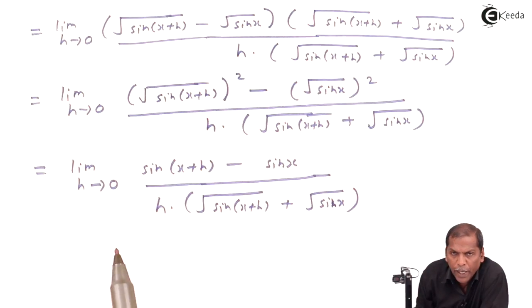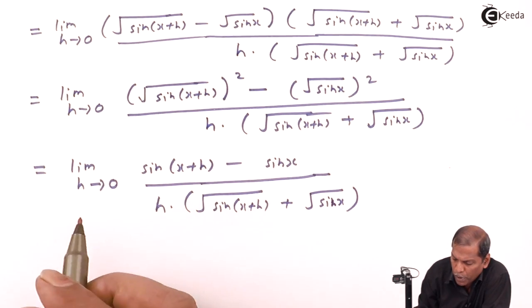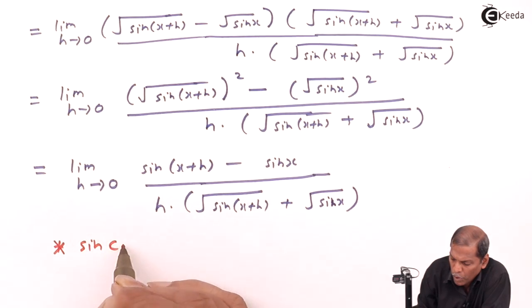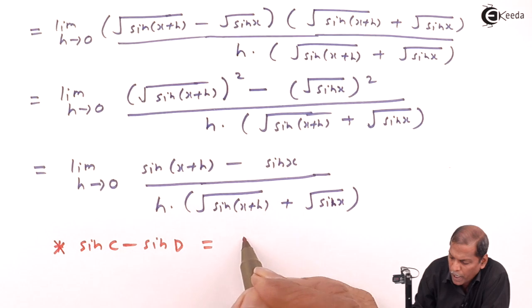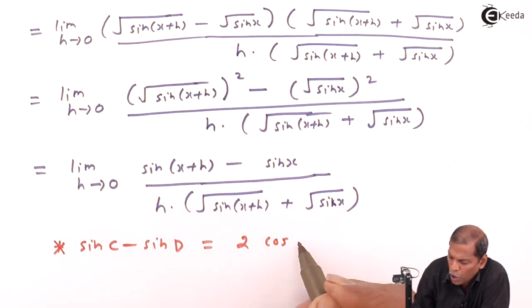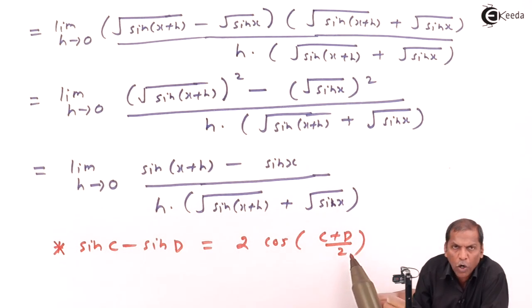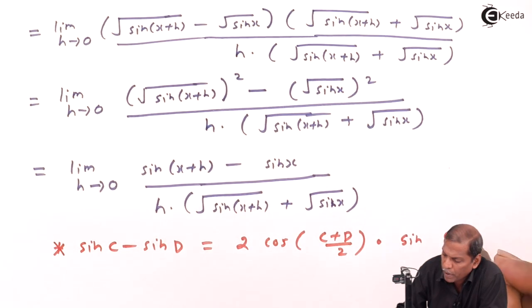Now the numerator is of the type sin C minus sin D. So here we apply the formula that sin C minus sin D equals 2 cos((C plus D) upon 2) into sin((C minus D) upon 2).